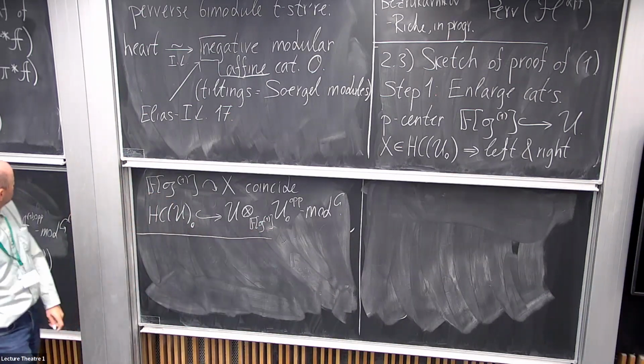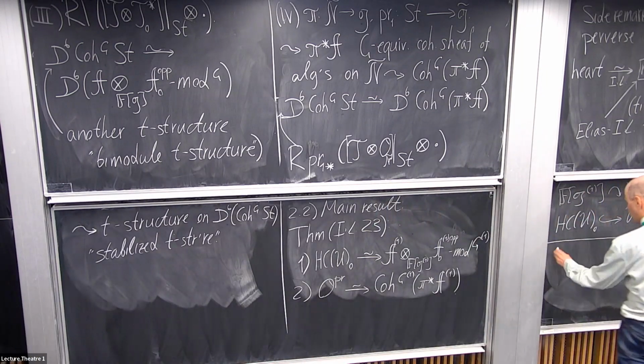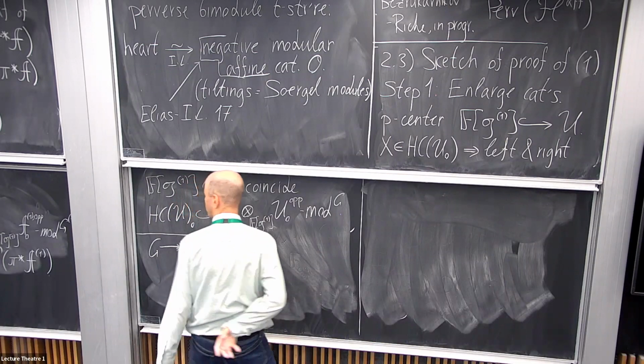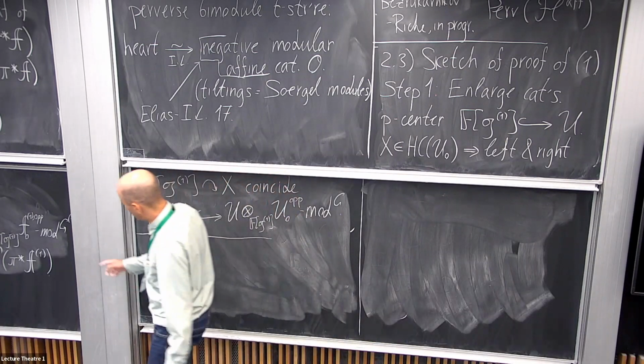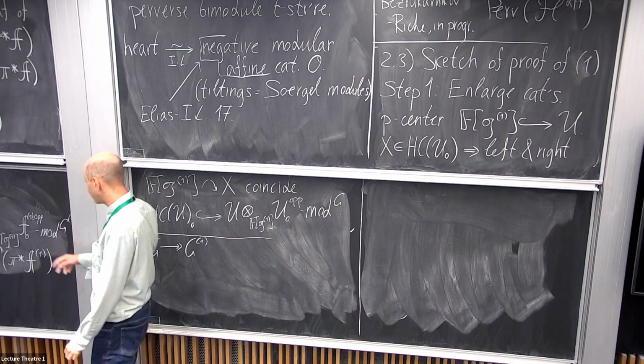The enlargement of this category is very similar. I observe that G surjects onto G1 by the Frobenius, and therefore, instead of G1-equivariant objects, I can consider G-equivariant objects.